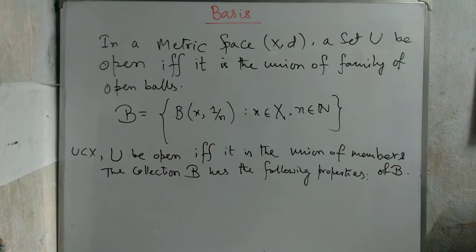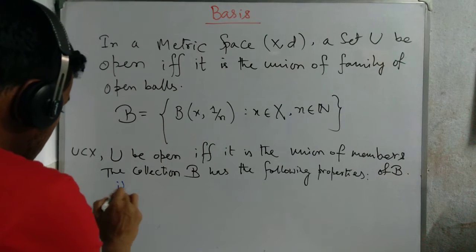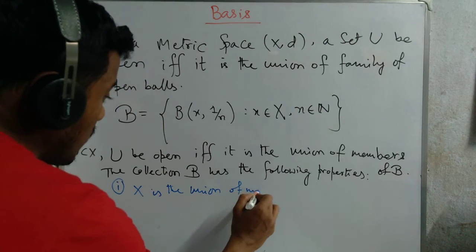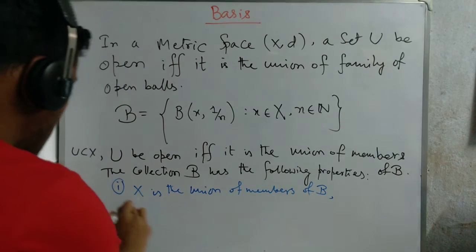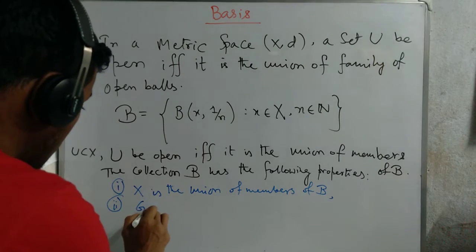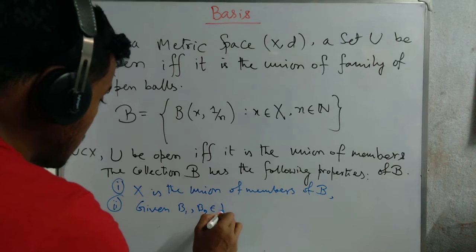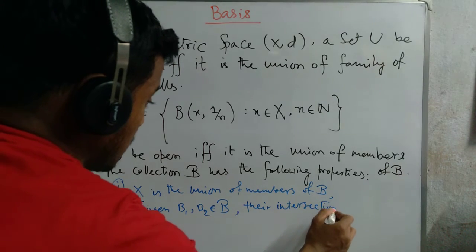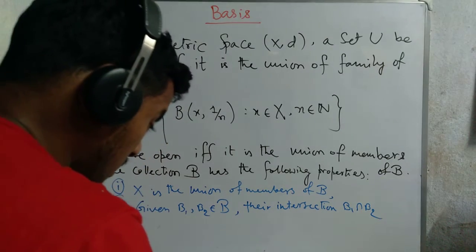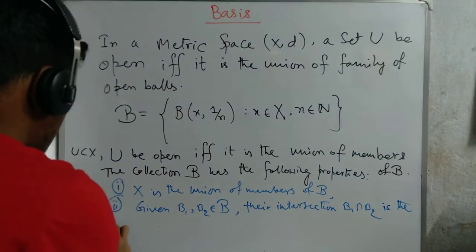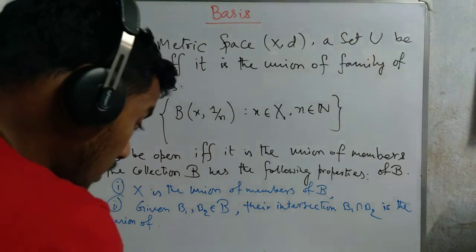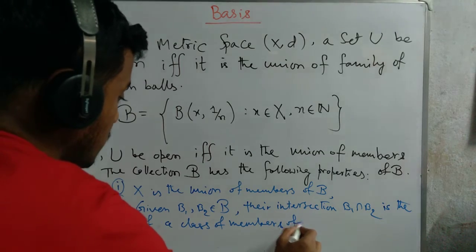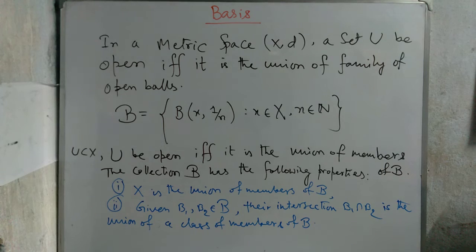First, X is the union of members of script B. And second, given B1, B2 belonging to script B, their intersection B1 intersection B2 is the union of a class of members of script B. Okay.